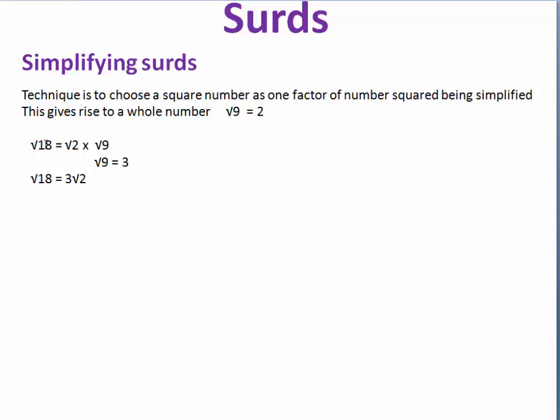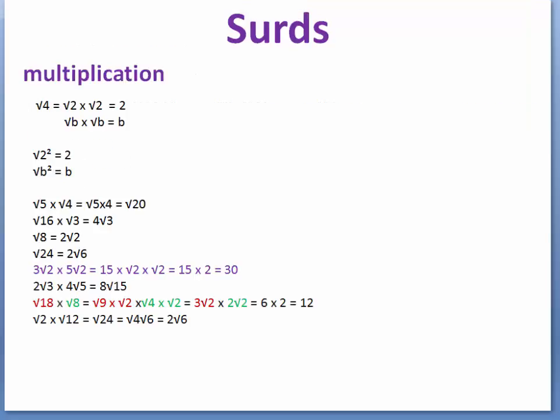So here square root of 18 equals the square root of 2 multiplied by the square root of 9. Square root of 9 is a square number, which gives us 3. So we can get rid of this square root of 9 and write 3 instead. So square root of 18 equals 3 multiplied by square root of 2. Now when we're writing 3 square root of 2, we take that as 3 multiplied by square root of 2, even though we haven't written the multiplication sign.